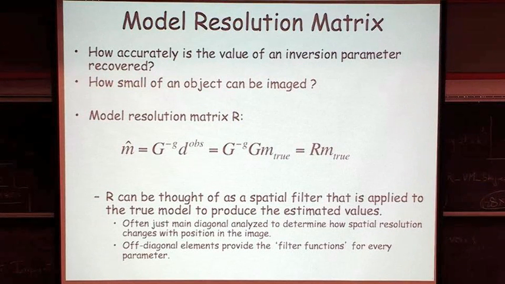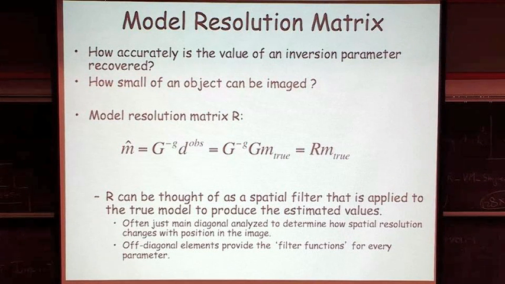Well, no, it's not the only reason. It's because you already made some assumptions on the theory. You made an assumption on your parameterization, and I just gave you an example that one of the problems you might have is that some rays don't sample some blocks; some blocks are never sampled. That's the main reason, but there are other reasons also for which your matrix is not well conditioned.